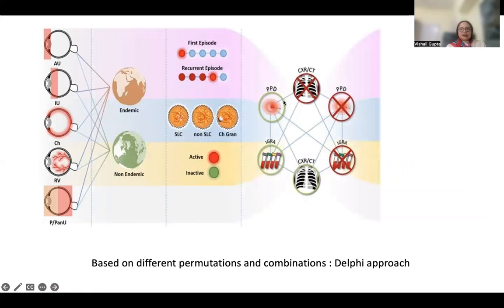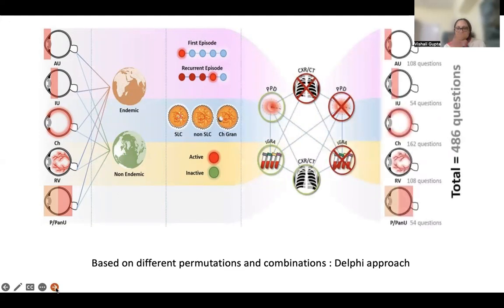We considered three tests: IGRA, PPD, and chest X-ray or CT chest. The rest of the questions were designed on the various permutations and combinations of these.